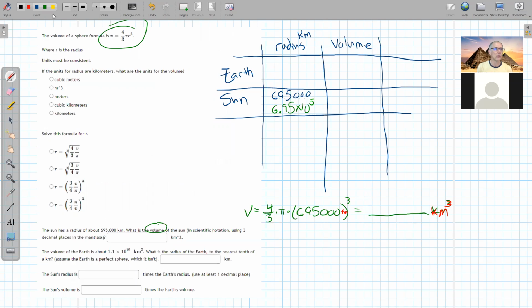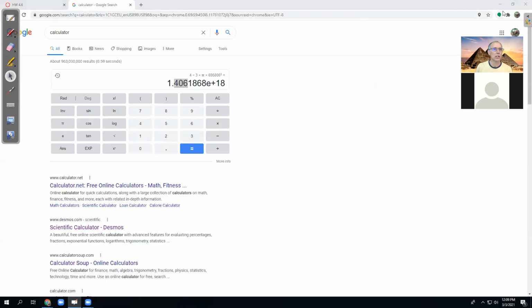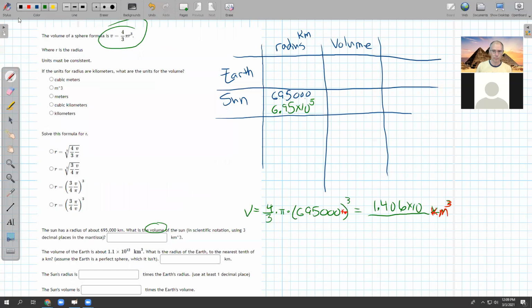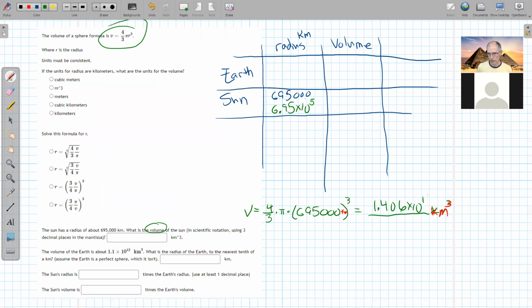The number is automatically in scientific notation because it was a big number on the calculator. So I'm going to put that in my table too, 1.406 times 10 to the 18th.